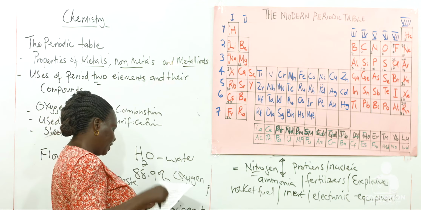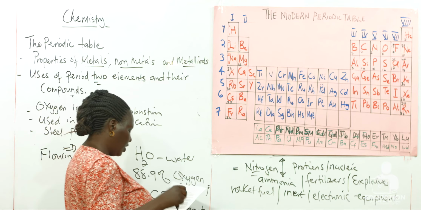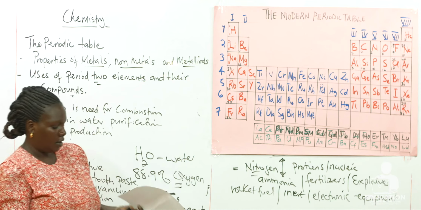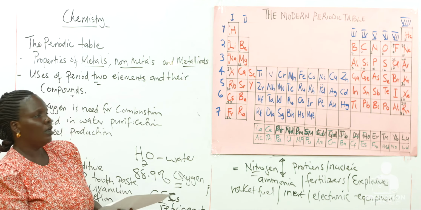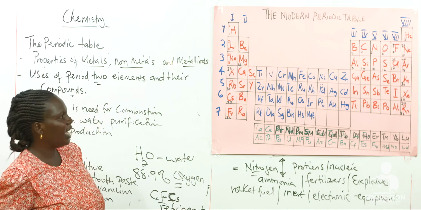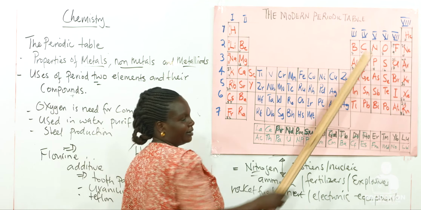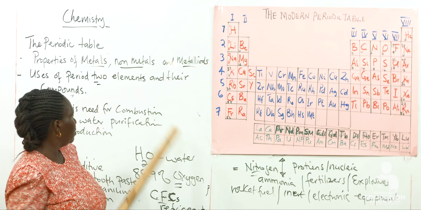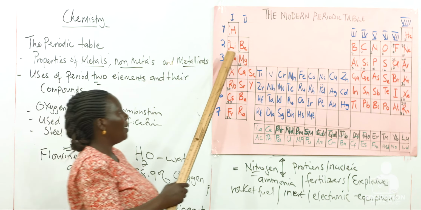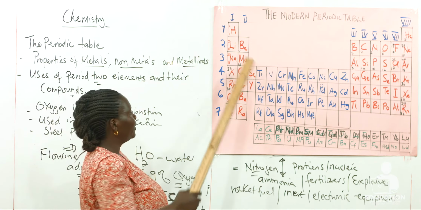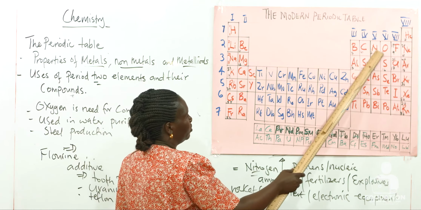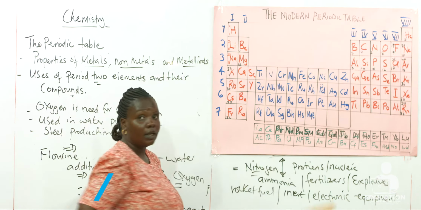We can get it in TV and monitor tubes, lasers, and voltage detectors. So neon is mostly found in electrical equipment. So these are all uses of members of period 2, starting from lithium, beryllium, boron, carbon, nitrogen, oxygen, fluorine, and neon.